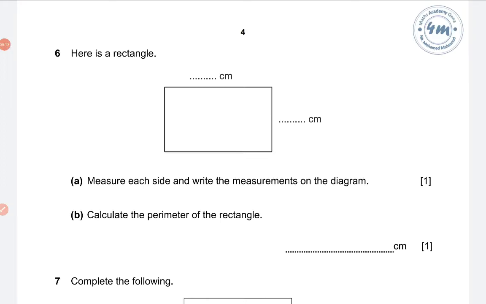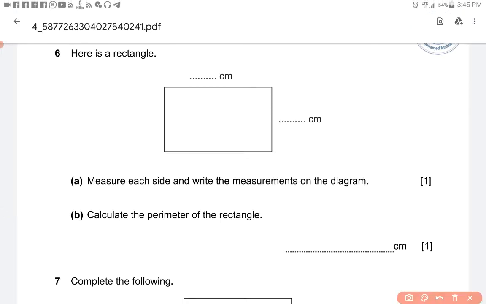Here is a rectangle. Measure each side and write the measurement on the diagram. If you measure this side, you will get 5 centimeters, and this side it will be 3 centimeters. Use the ruler to measure it. Then calculate the perimeter.